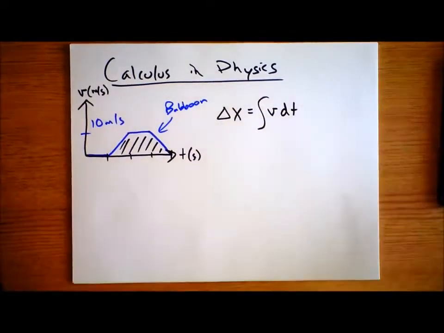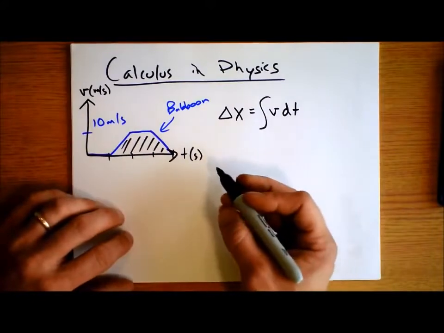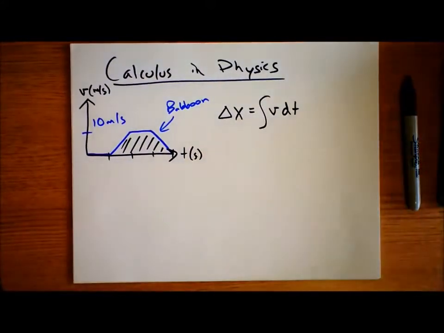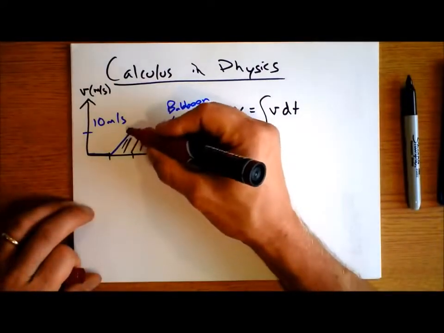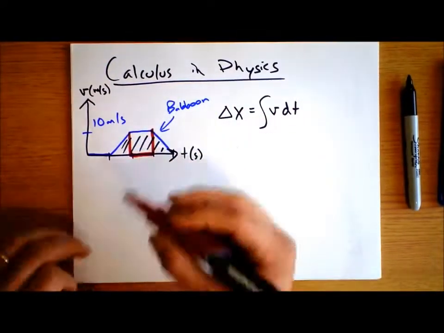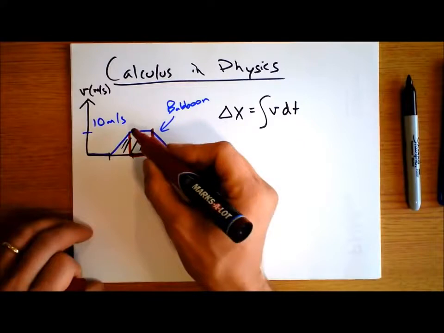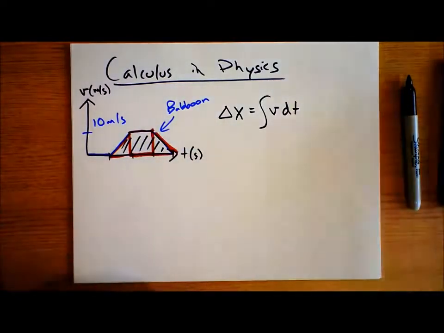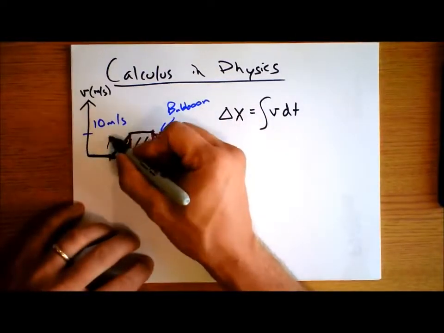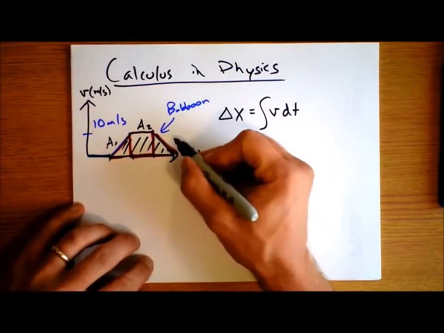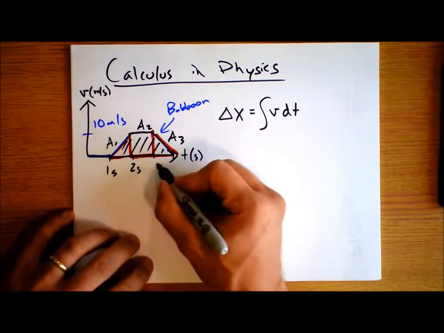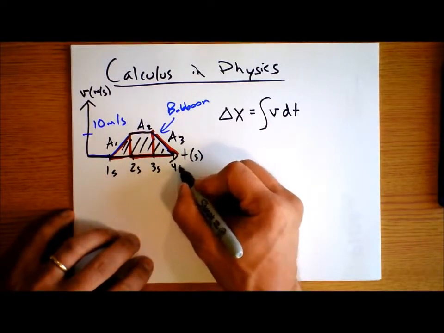So let's just look at it geometrically. This is a very simple problem. We have a square right here, and I see two triangles there and there. So let's name these areas. I'm going to call this area 1, area 2, and area 3. This is 1 second, 2 seconds, 3 seconds, 4 seconds.